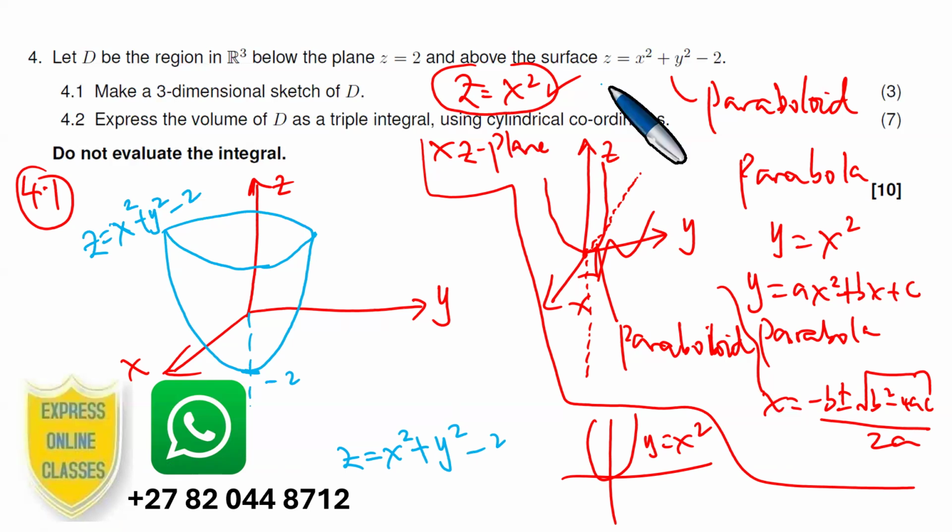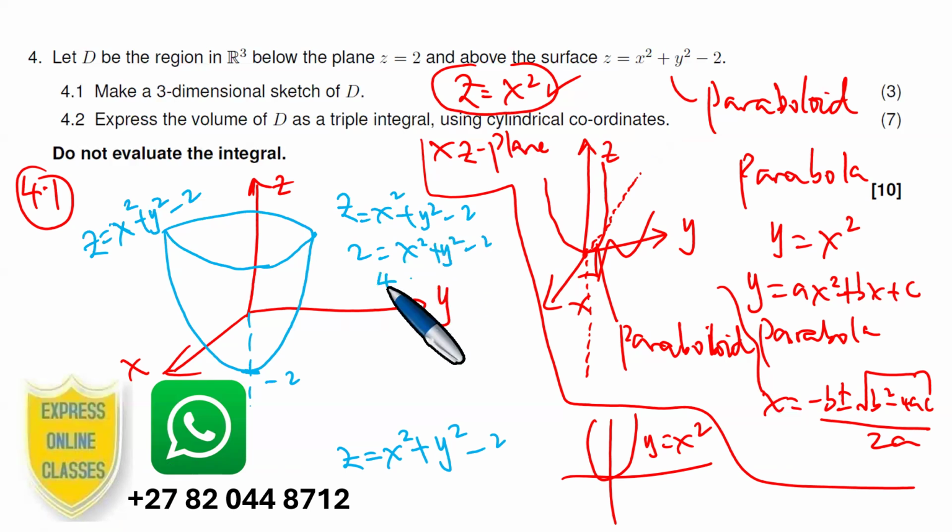Whenever z equals 2, then z is x squared plus y squared minus 2, which means that 4 is x squared plus y squared. And this means that there is another curve, x squared plus y squared equals 2 squared.